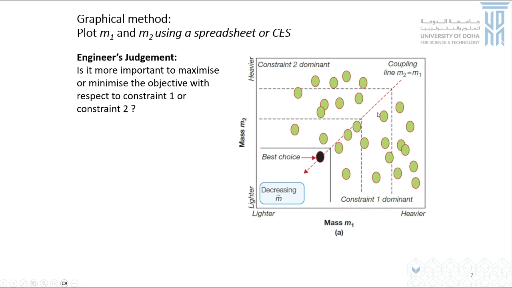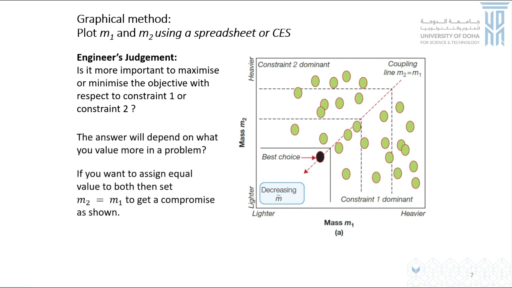Because whenever you plot two quantities on a graph, they represent a relationship y equals mx plus c. If your coupling constant between M2 and M1 is 1, then you end up with the best choice being over here. So if you draw these selection lines in CES and keep pulling it back, you end up with your best option. This is a practical way of doing it.